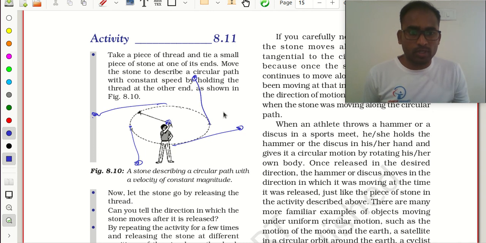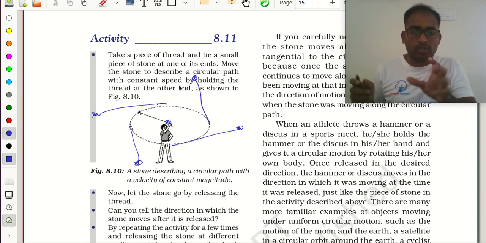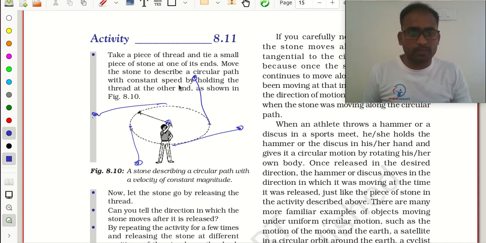So please go through that. It shows the practical application of speed in a circular motion. How much distance it will cross when we throw depends on your turning speed only.